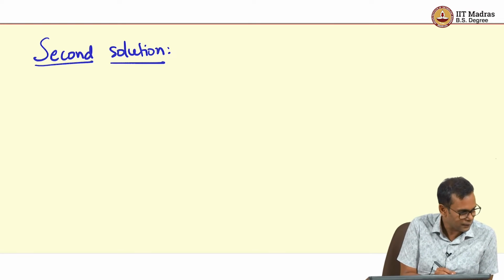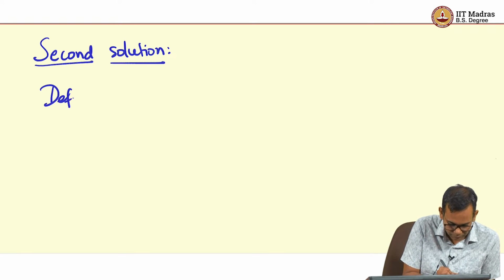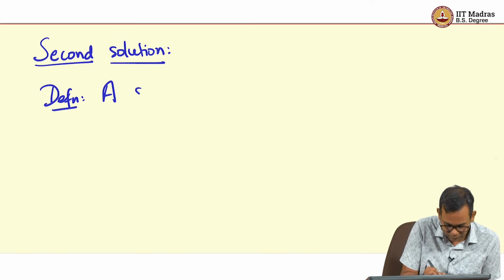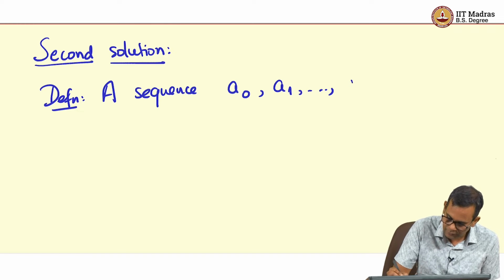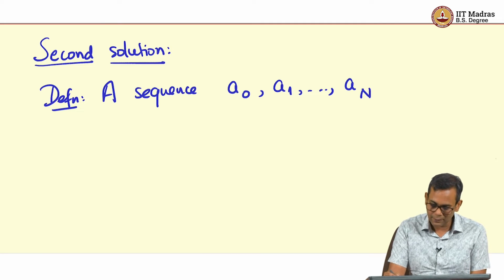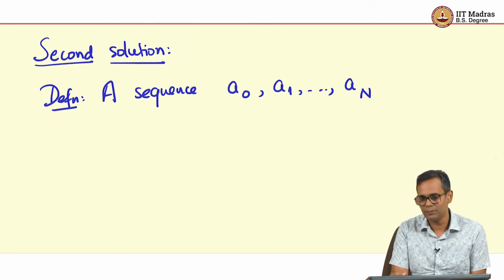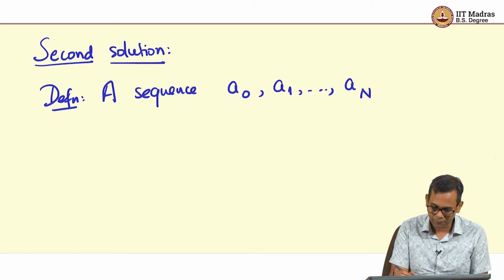So, consider a sequence, we will start with a0, a1, up to aN. So, it is a sequence of capital N plus 1 terms. You can think of this capital N as n choose 2, and ak is the number of permutations on n letters with k inversions.